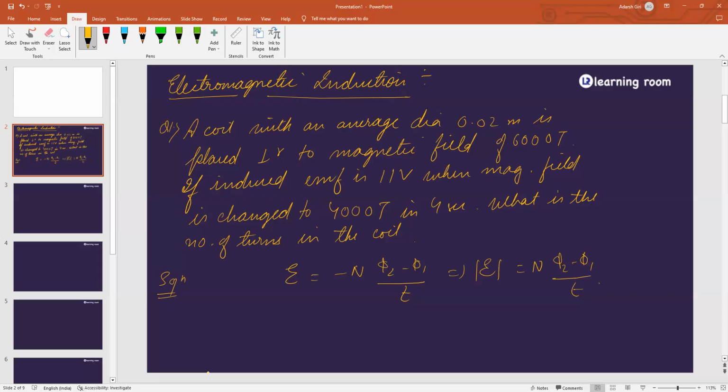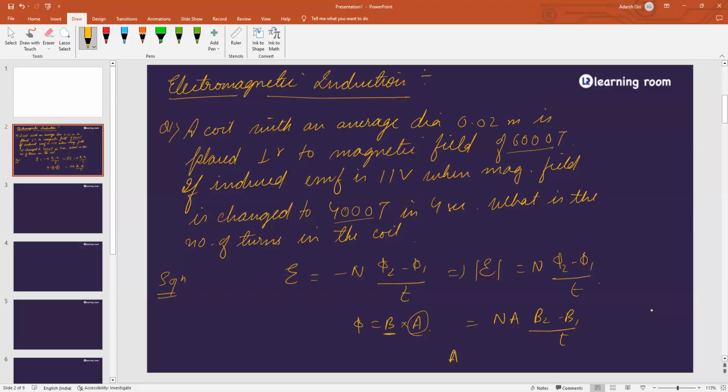Agree? Now, what is phi? Phi is magnetic field into area. And here, what is the value that is changing? That is magnetic field is changing.